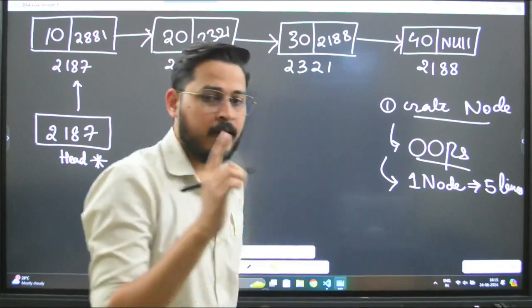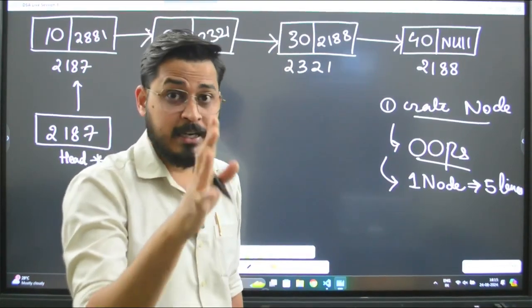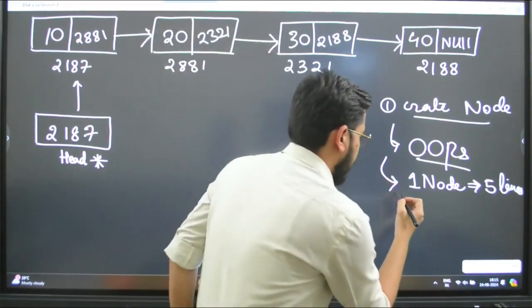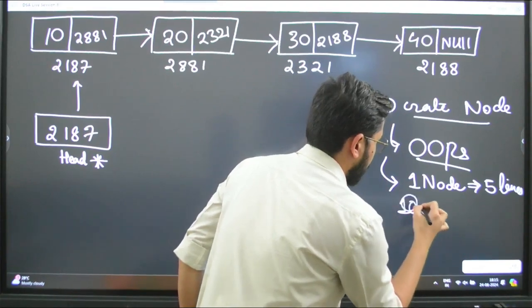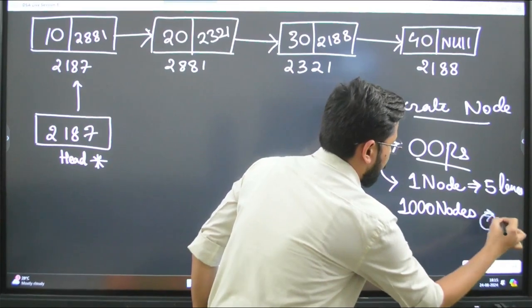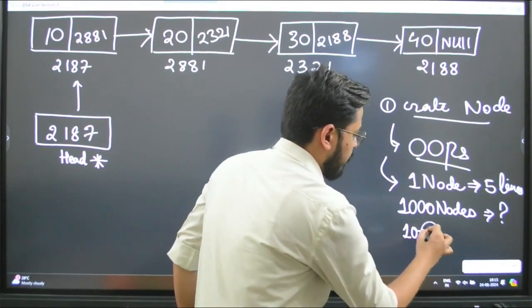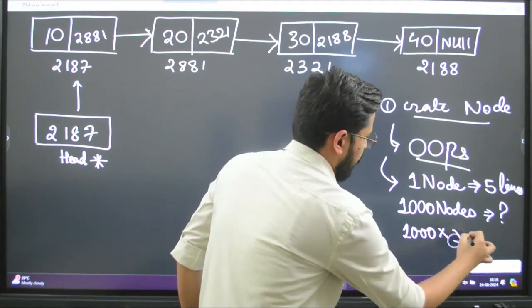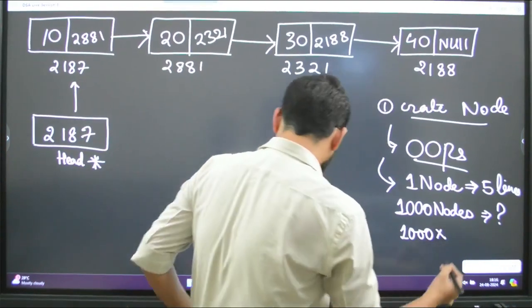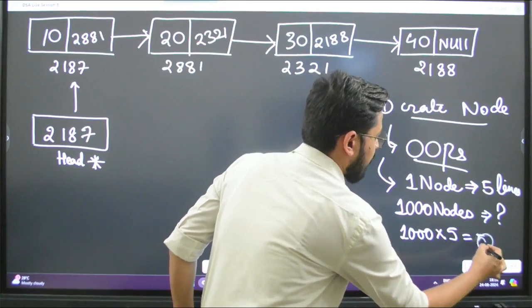If one node takes 5 lines of code, then how many lines will 1000 nodes take? If I ask you, 1000 nodes will take 1000 into 5 equals 5000 lines of code.